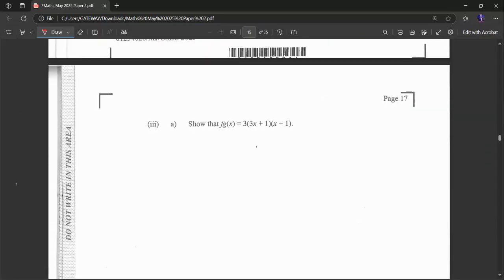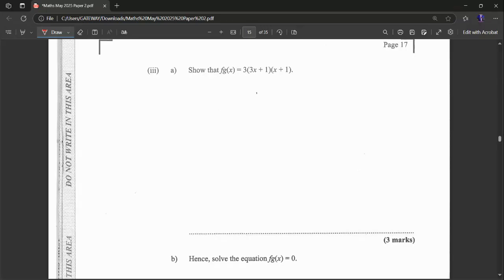Part 3, they say show that fg of x is equal to this. Now they already gave you the answer, right? This means that you just have to prove it. So to do this, I'm just going to write back f of x, and that is equal to x squared minus 1, and I'm going to write g of x, that is equal to 3x plus 2, and this is given in the question.